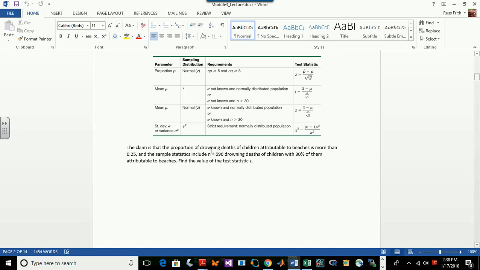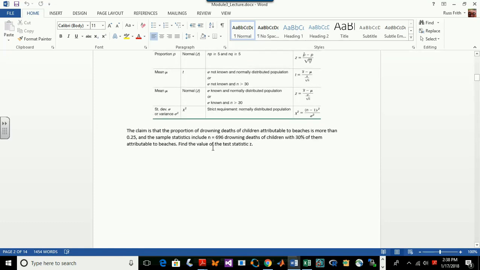All right, so let's look at this question. The claim is that the proportion of drowning deaths of children attributable to beaches is more than 25%. The sample statistics include a sample size of 696 drowning deaths of children, with 30% of them attributable to beaches. So we want to find the test statistic.